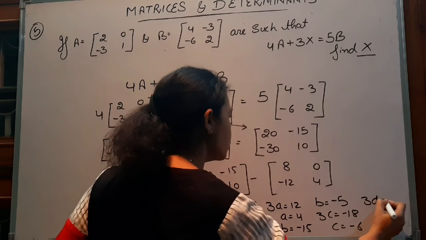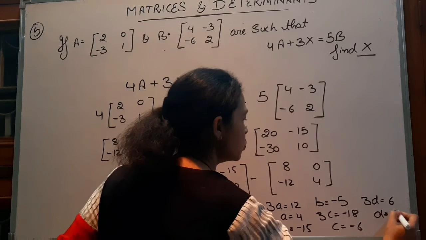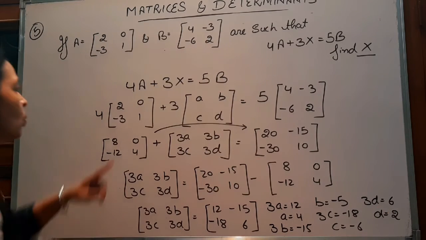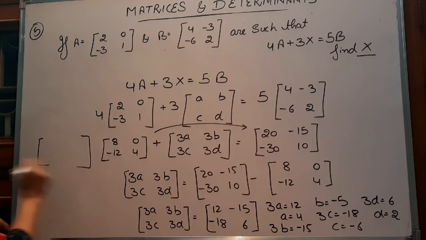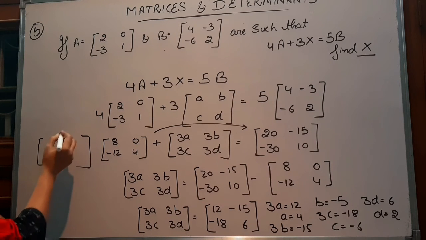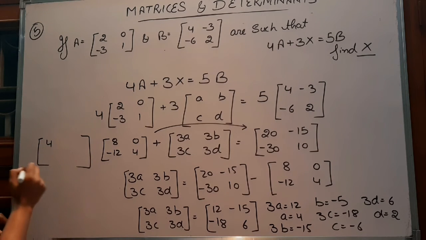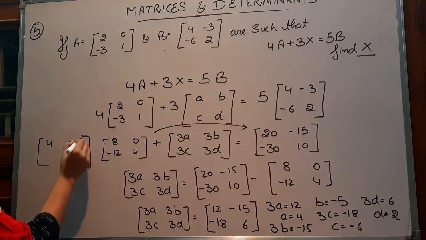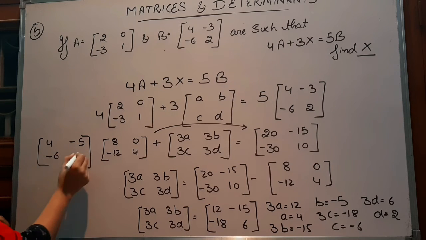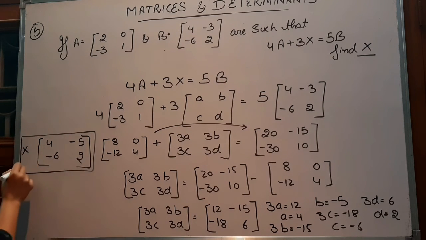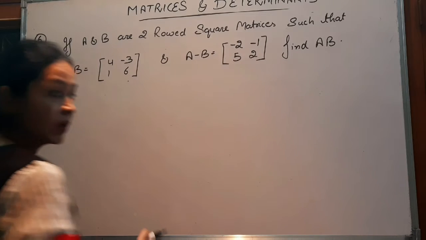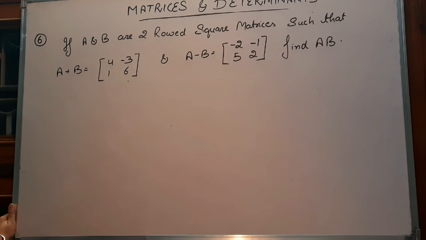And 3D equals 6 and D equals 2. So we need X, which is A, B, C, D. The value of A is 4, B is minus 5, C is minus 6 and D is 2. This is our matrix X. This is our answer.